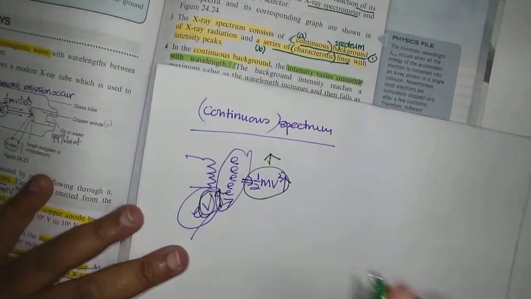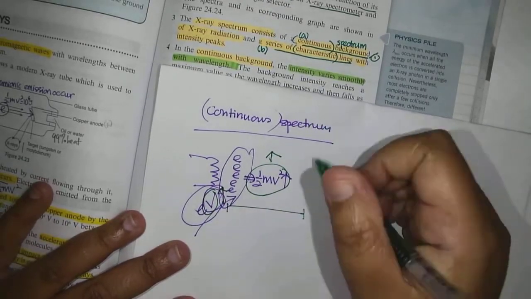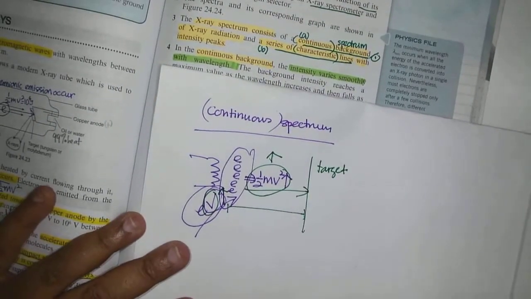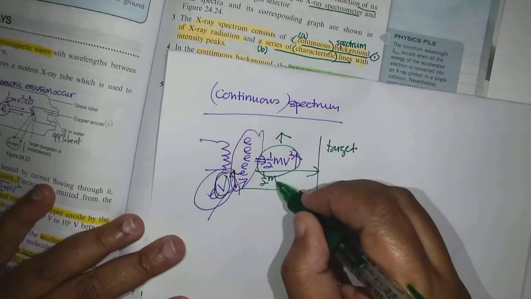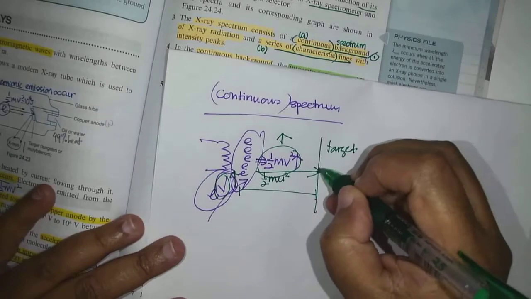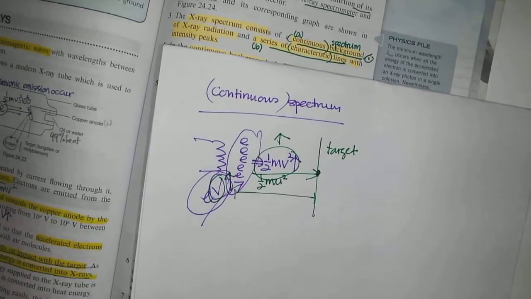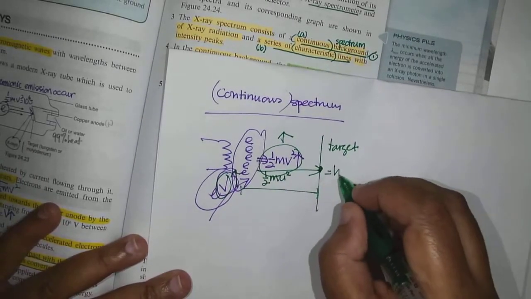Suddenly the electron, with very high kinetic energy, goes and hits the target, maybe here it is half mv squared. It comes to a stop very rapidly. The keyword is it decelerates rapidly on impact with the target.